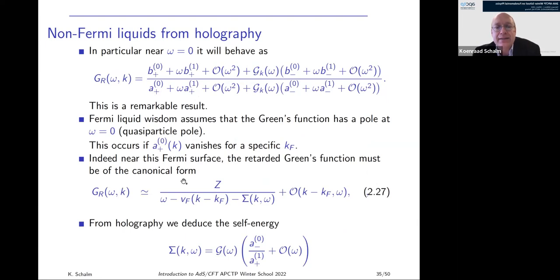In the same way that the location of the fermionic quasi-particle pole is controlled by A+0 and A+1, and only its width is controlled by the AdS2 Green's function. Well, if you're in the hydrodynamic regime and computing the two-point function of conserved currents, what you are actually probing is the behavior of these A+0 and A+1 and all that other stuff. Actually, you don't really care too much about this G_K(omega).